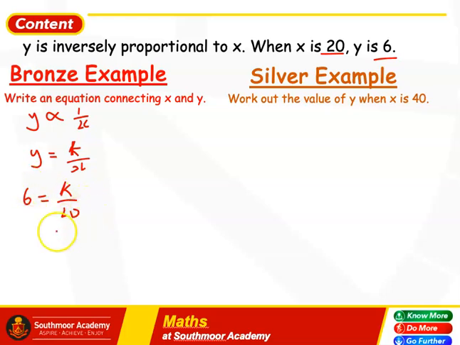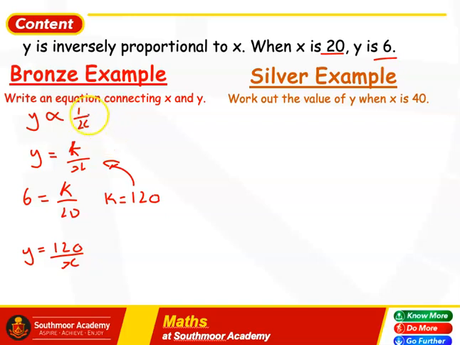So if we times up to get k is equal to 120. Now we can substitute that back into our equation, forming an equation between x and y. So we've got y is equal to 120 over x. And that's your equation connecting x and y using inverse proportion.